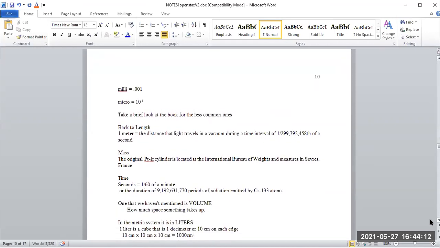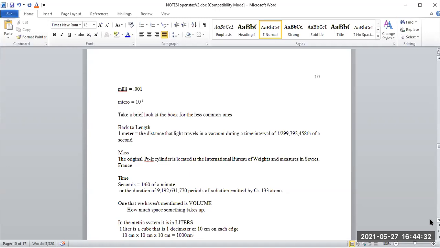And actually, I forgot to change my notes because the way the mass is designated actually changed recently. I need to go back and fix this. So length actually is based upon the speed of light.